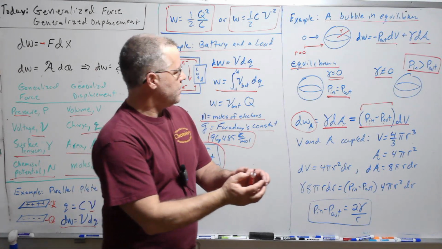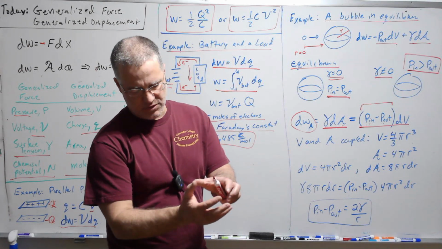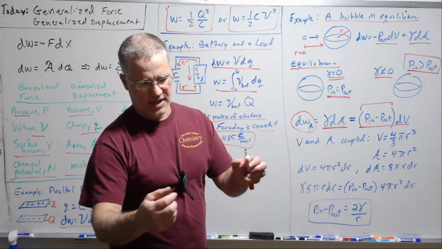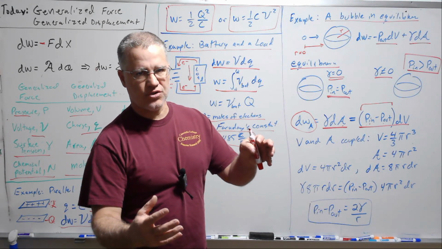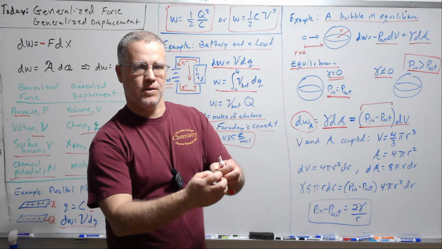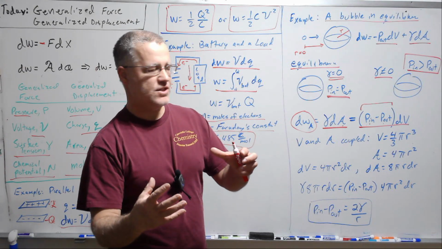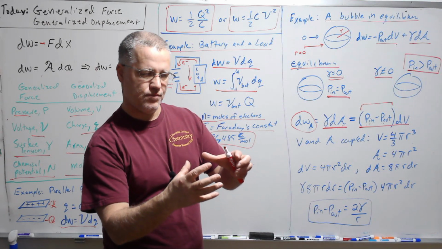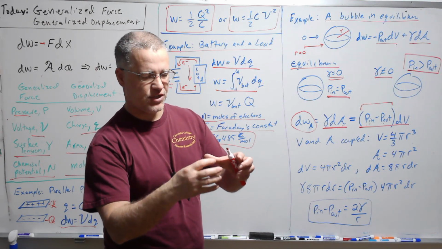If we're building up from 0, then we're pressing against the external environment. We're also pulling against that surface tension. But now we've got an equal or near equal pressure inside and outside.